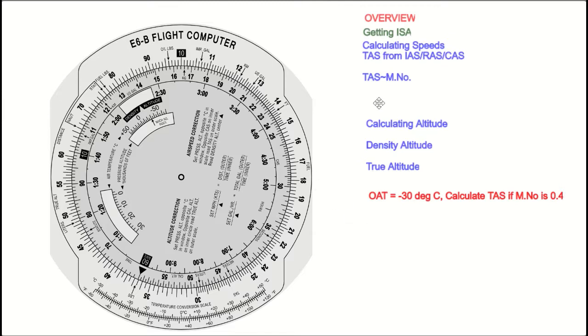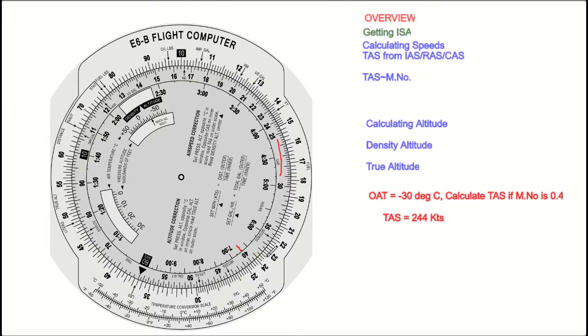And now I read against Mach number on this line. When I say 0.4, that means I look here. 40 means 0.4 in terms of Mach number. So I look against 40, and against 40, I see the TAS as 244 knots. So the answer is TAS is equal to 244 knots.